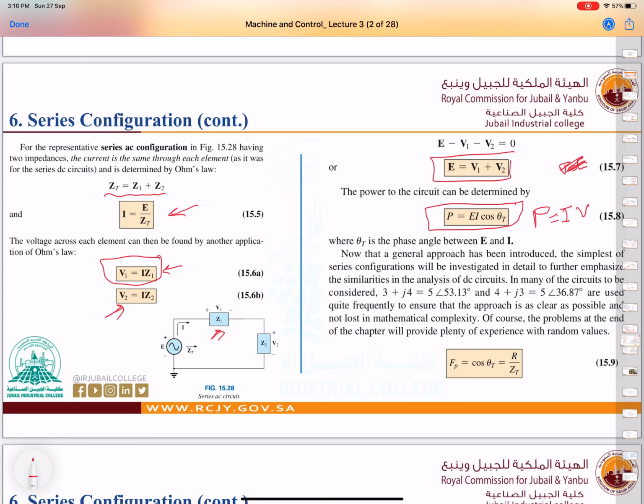So V or E is the same. So the power is equal voltage by the current. But this one is in DC. Now in AC, power is equal to I E cosine theta. We have an angle again for the power.